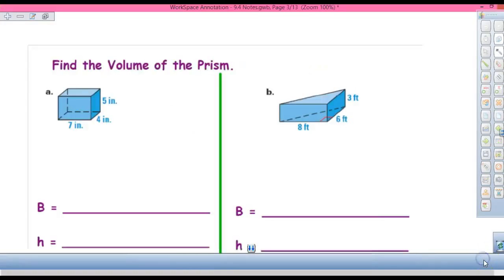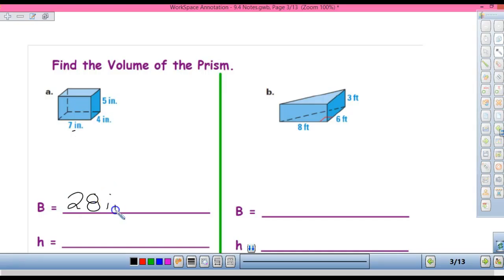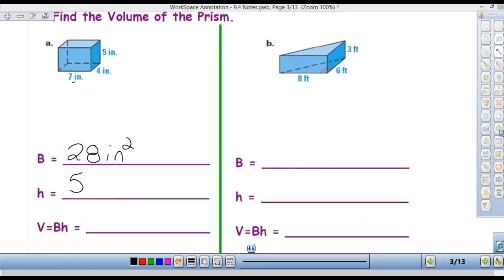So when we've got this guy, my base is a rectangle. So the area of my base, 7 times 4 is 28 inches squared. My height is 5. So the only thing that you have to do to find the volume is take the area of your base times the height.